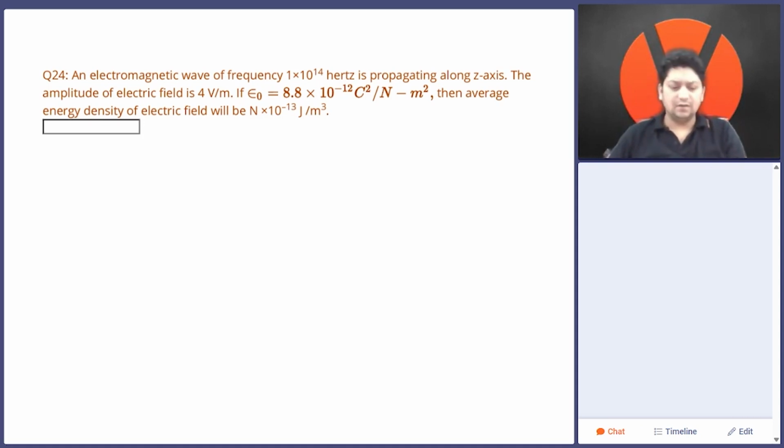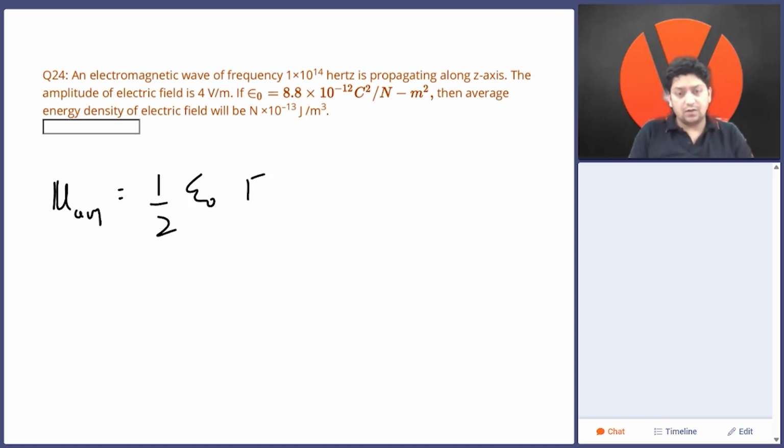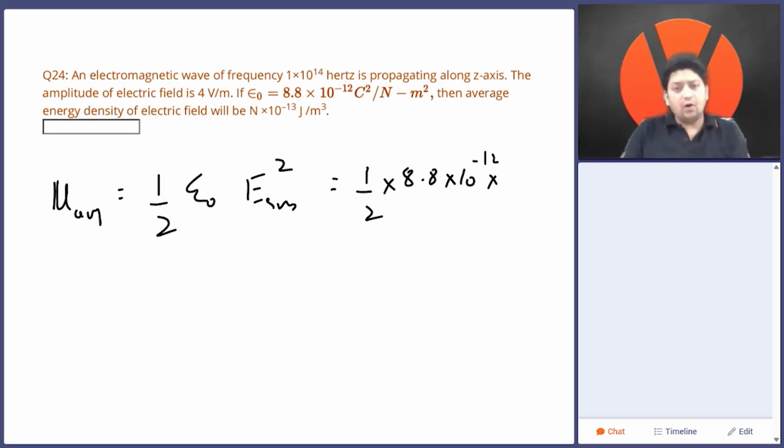Now, see, the value of average energy density in this case will be equal to half epsilon naught E RMS square, right? So all the values are given. It's a very easy question. Epsilon naught value is 8.8 into 10 to the power minus 12, and the amplitude of the electric field, that is the maximum value of the electric field, is given.